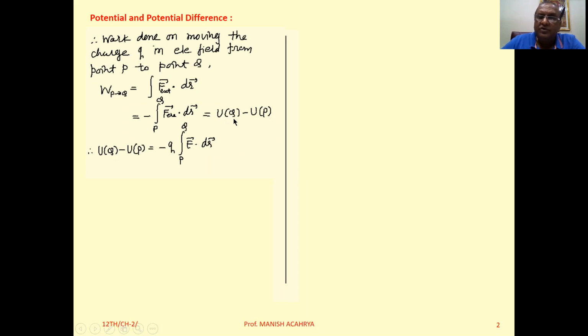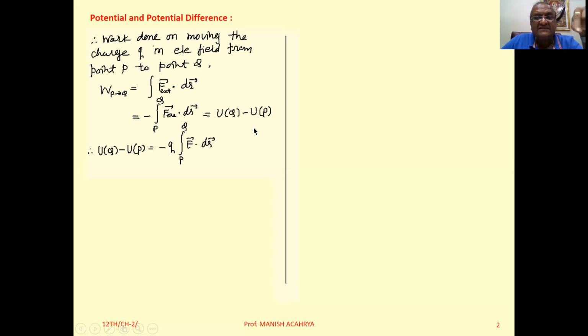So UQ minus UP is equal to W. Now this F electric we can write as Q into E. When any charge Q is placed in the electric field, the electric force acts on it, that is Q into E. So we can write UQ minus UP is equal to minus Q integration P to Q E dot dr. Clear?